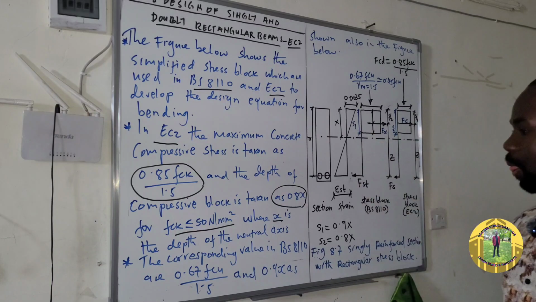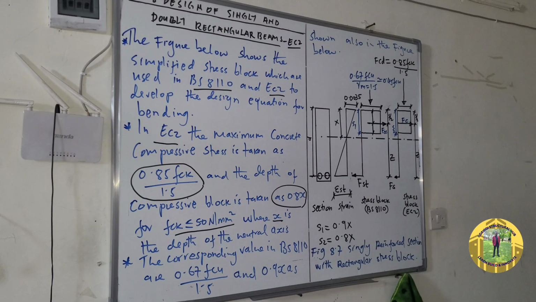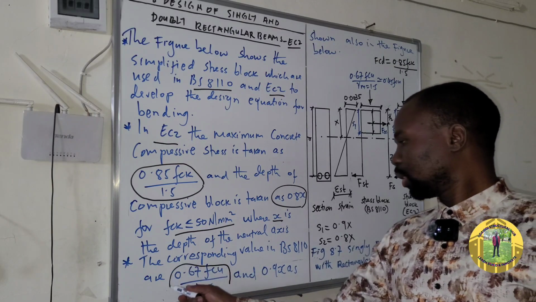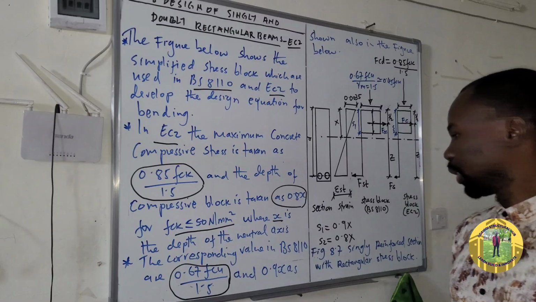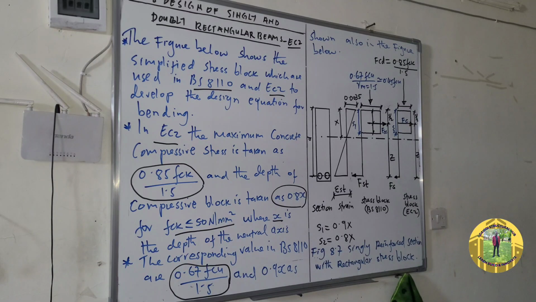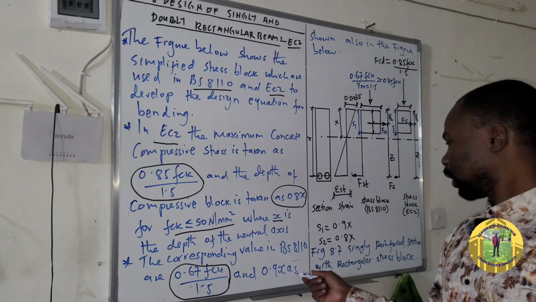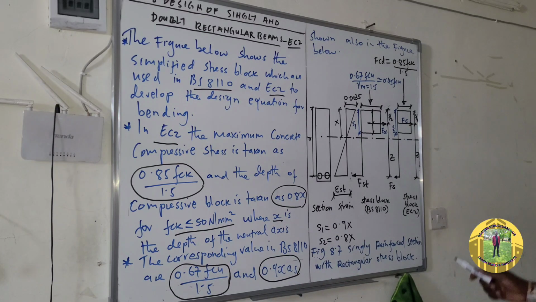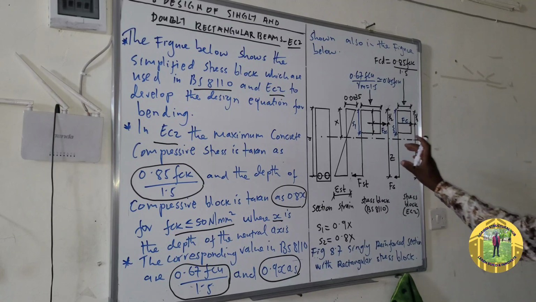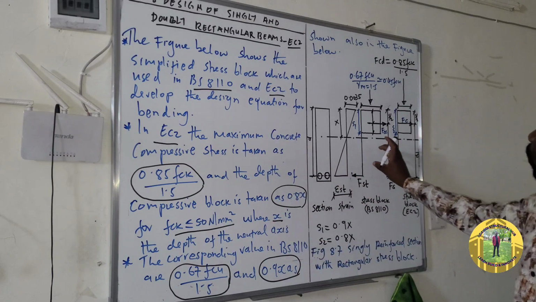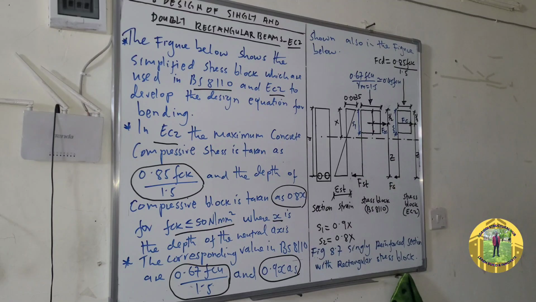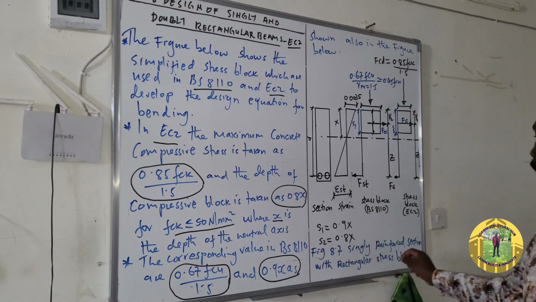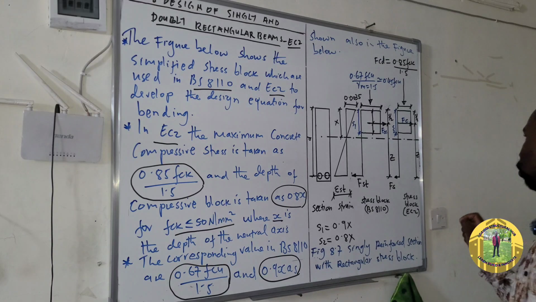The corresponding value in BS 8110 is 0.45 fcu. This is the maximum compressive stress used in BS 8110, and the depth is 0.9x, as shown also in the figure below. So this statement is explaining what is in this diagram, called figure 8.7, singly reinforced section with rectangular stress blocks.